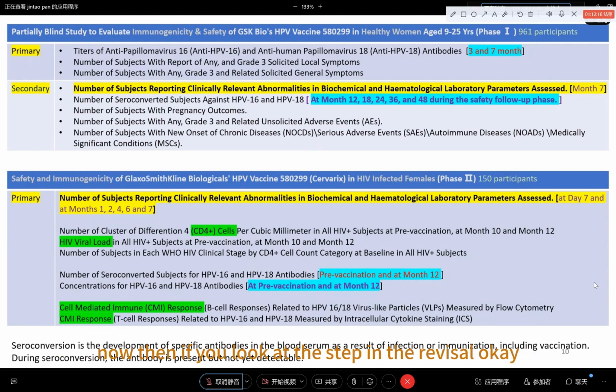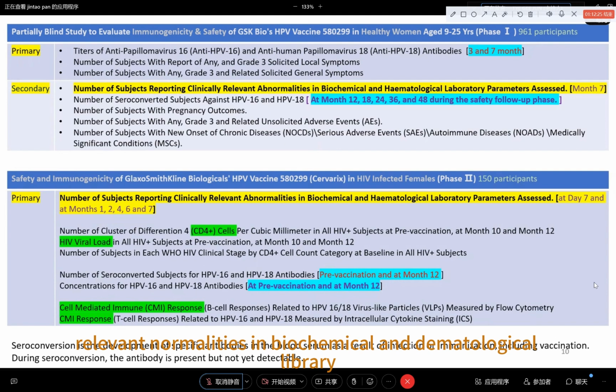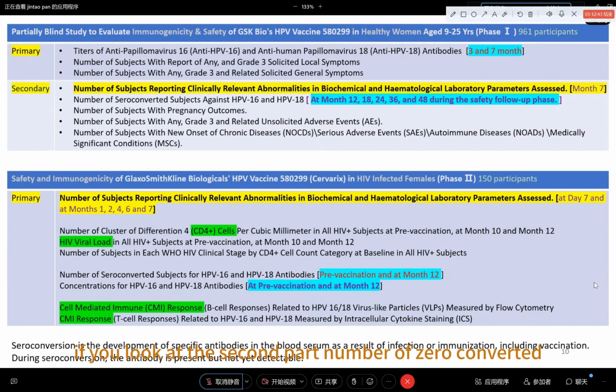Now if you look at the secondary result, number of subjects reporting clinically relevant abnormalities in biochemical and hematological laboratory parameters being assessed. So this is not directly related to the things that you want to understand. So this is like a cascade of a cascade. And then if you look at the second part, number of seroconverted subjects against HPV 16, HPV 18 at months 12, 18, 24, 36, and 48 during the safety follow-up phase.